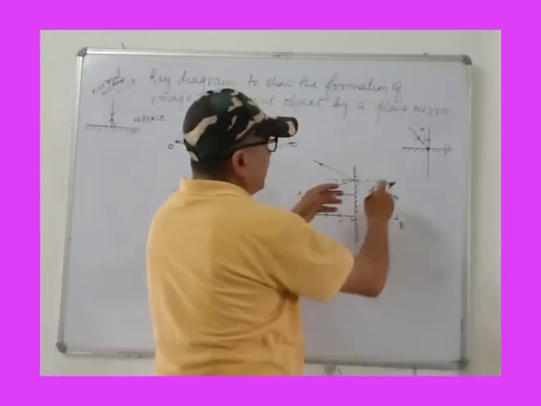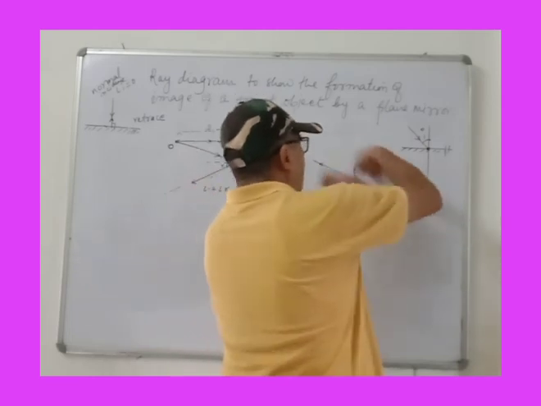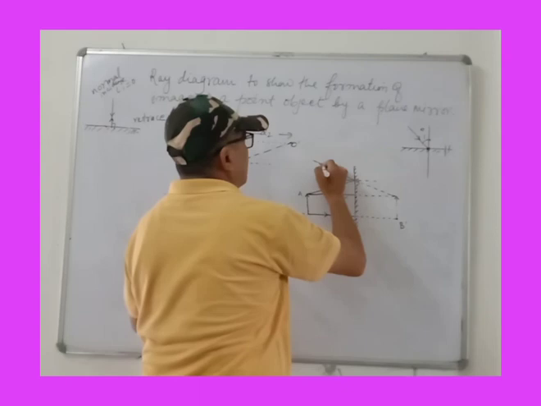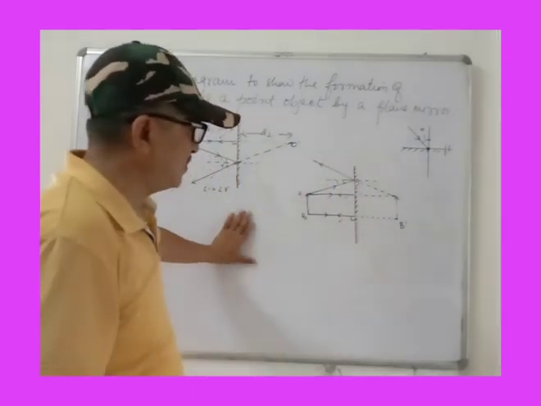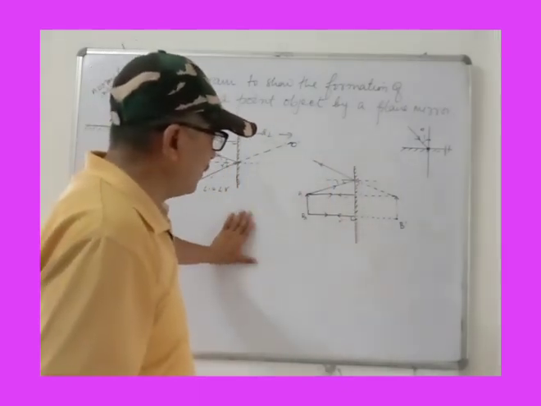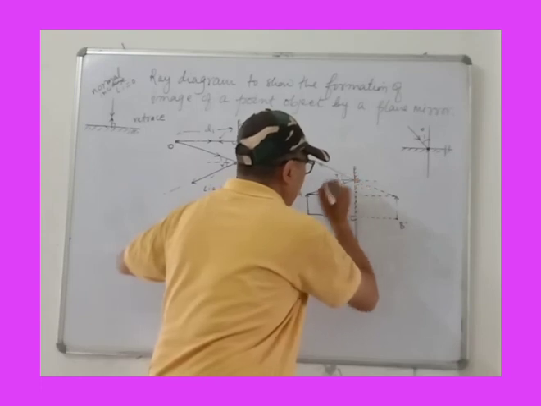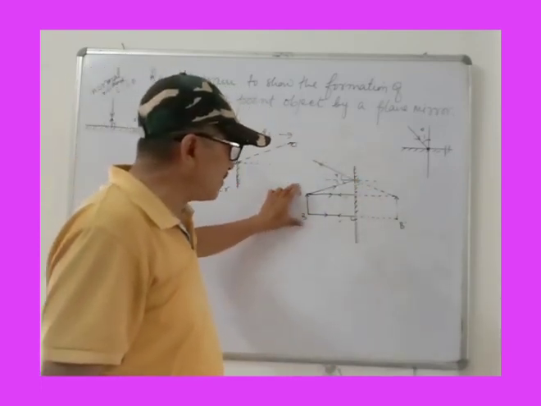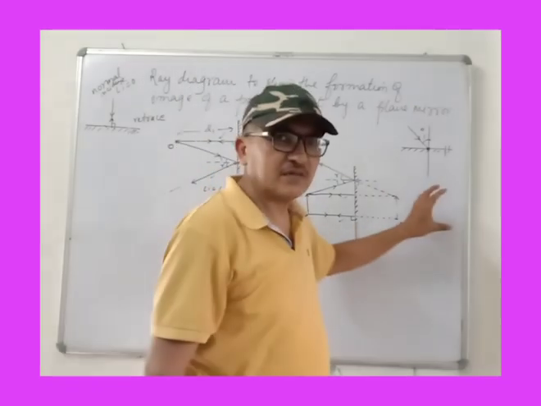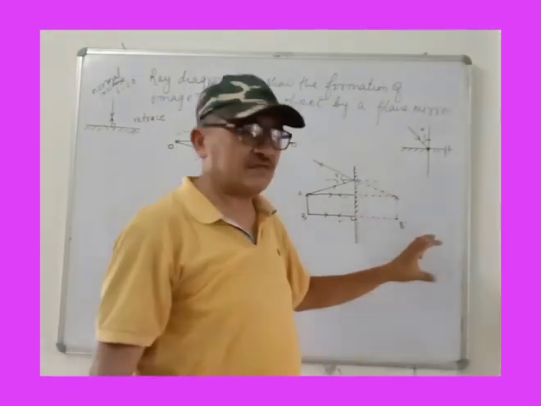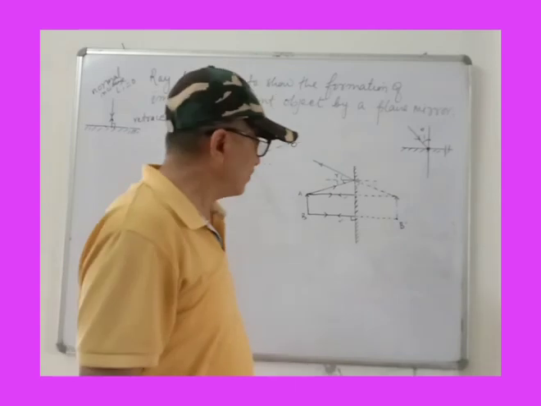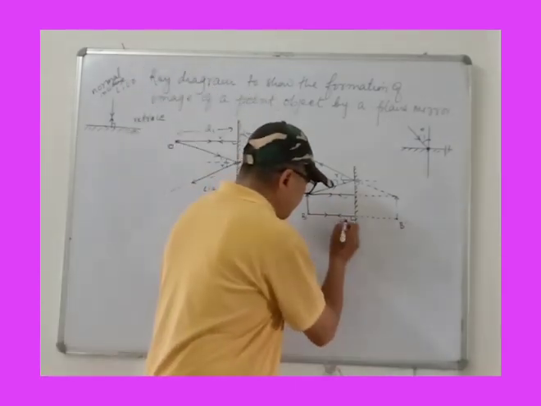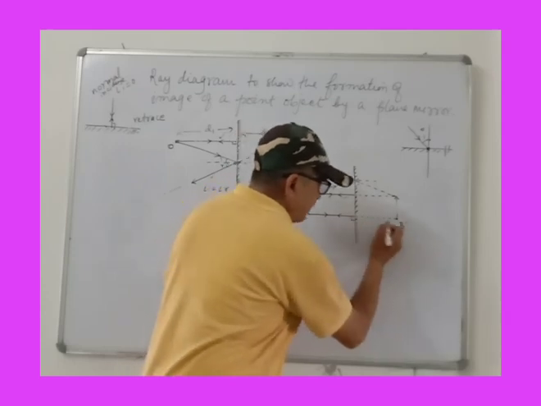It should not look like one is one and another is another. It should be single, but here dotted lines and here a straight line. So this is I, this is I. If the object is this, you just shift the object and make the image at the same distance and then complete the rays. Suppose one ray is coming here, returning, produce backwards.